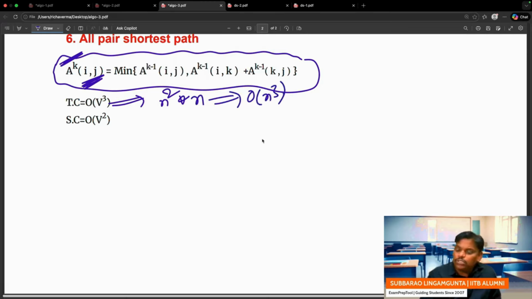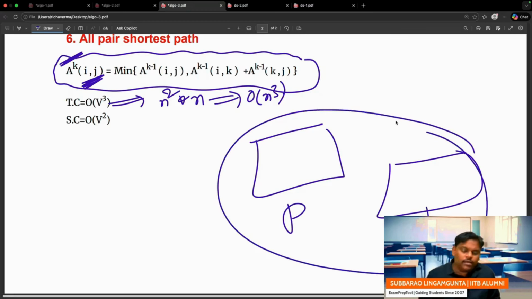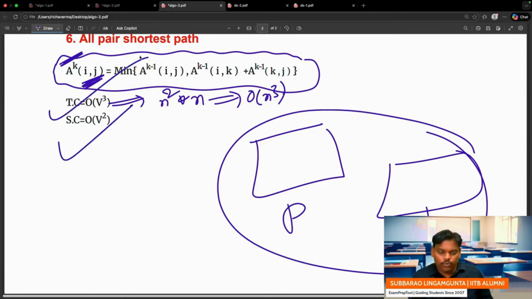But the tables you keep on reusing: it is the input, it is the output, the previous one and the next one. One or two tables you can manage. Space complexity is n square, and time complexity is n cube.